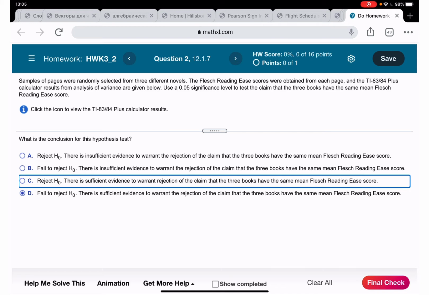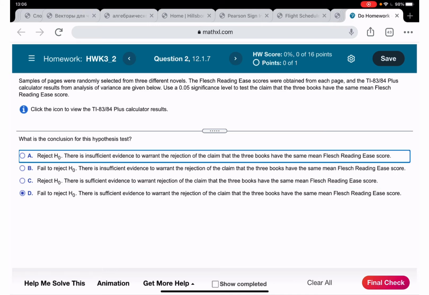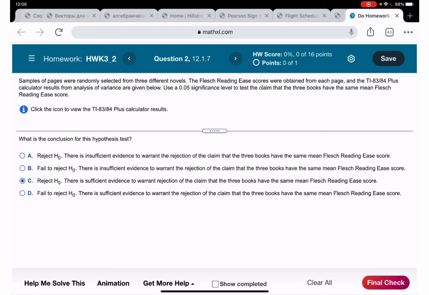If we have to reject, that means enough evidence to reject. With A, we reject, but there is insufficient evidence to reject, so it's not going to work. It's kind of nonsense. So the answer is going to be C.